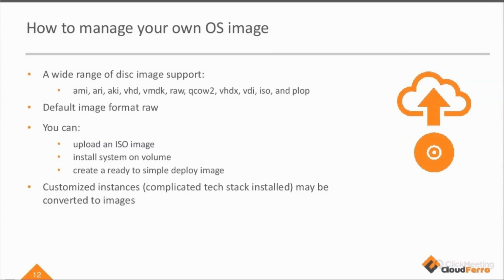You have to upload your image to the cloud and install the operating system, and with proper commands and tasks, you can prepare your own image that can be run like other images to create virtual machines. Also, it's possible to migrate, for example, from VMware. There are dedicated tools and support for images.